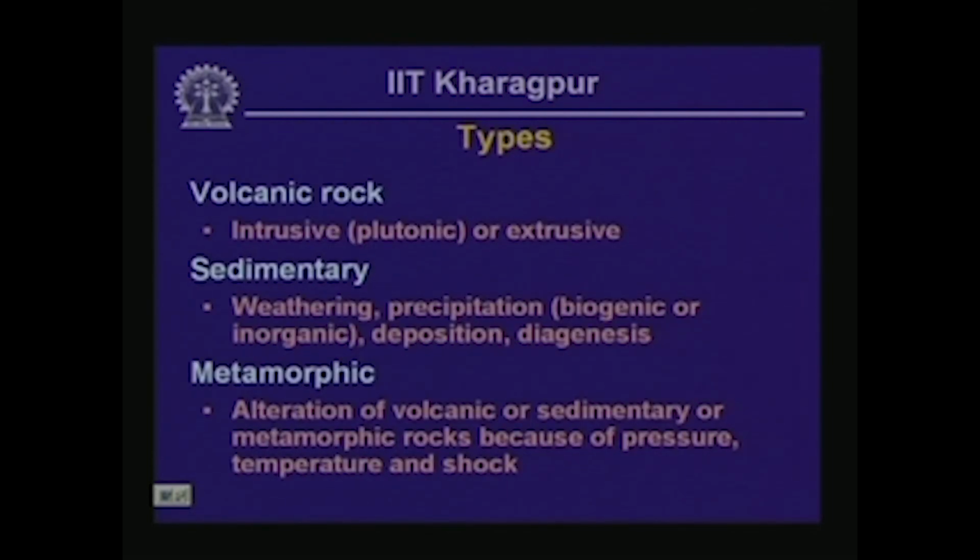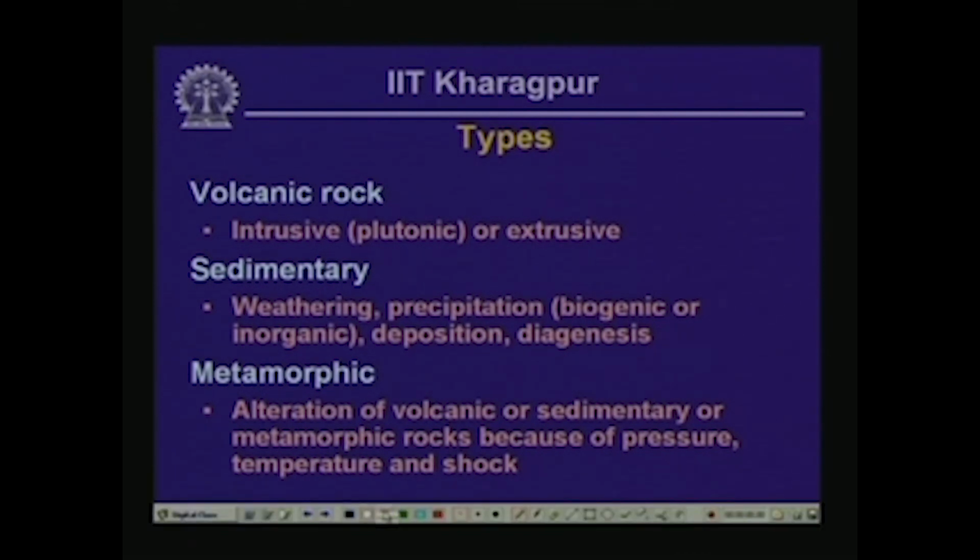Now, the types of rocks include volcanic rock, sedimentary rock, and metamorphic rock. Volcanic rock is the class of rock that comes out of intrusive or extrusive volcanic activity.